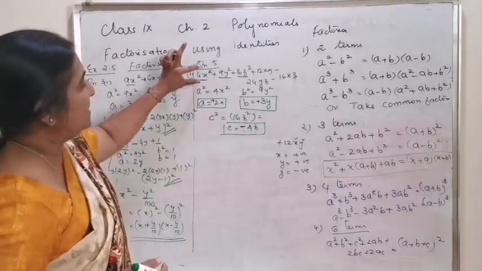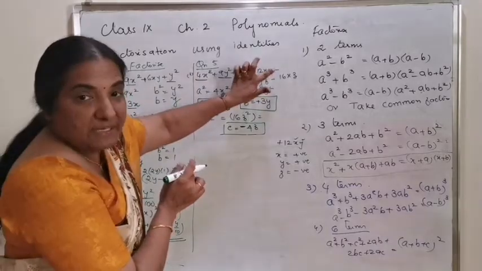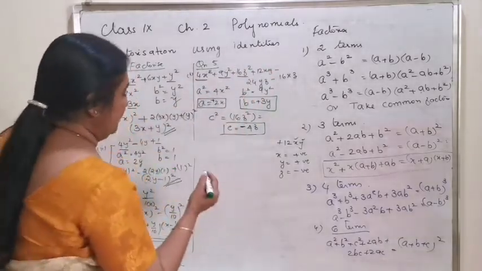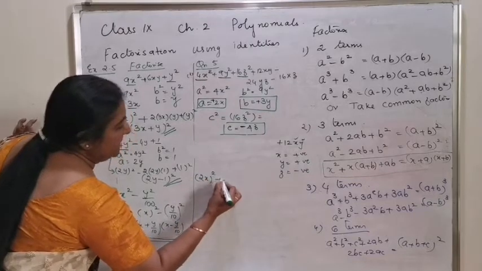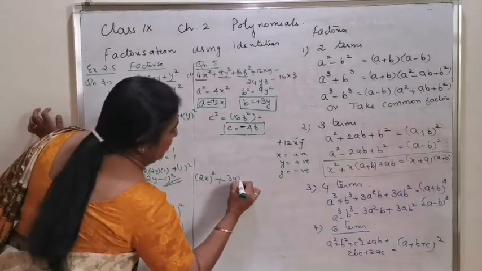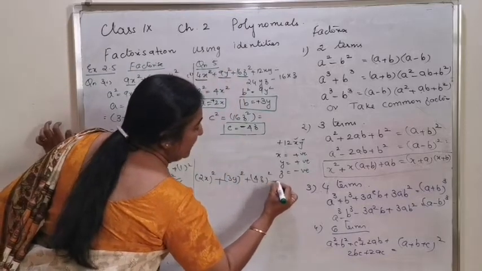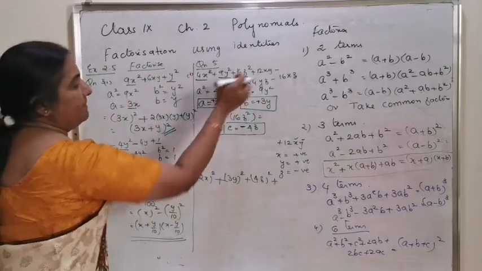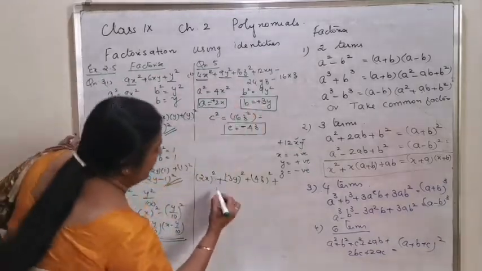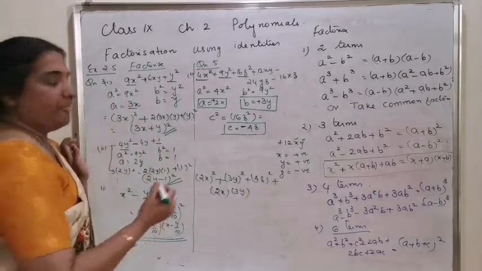Now you are arranging the same question with the plus sign for the general term. So the arrangement is 2x the whole square plus 3y the whole square plus 4z the whole square plus 2AB. AB means the A, B term, that is 2x into 3y.